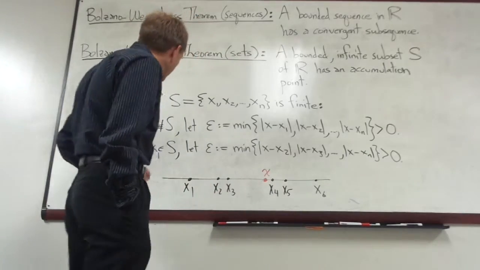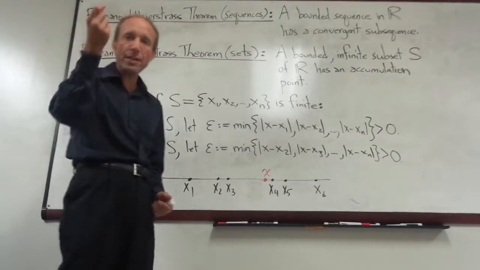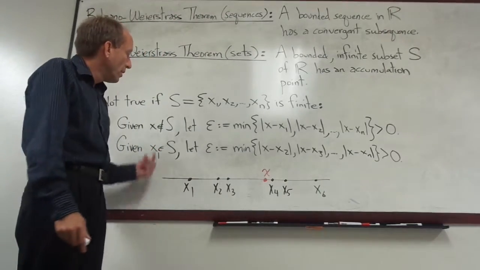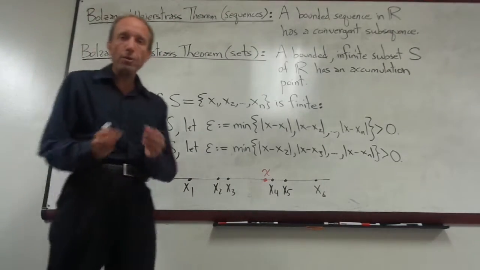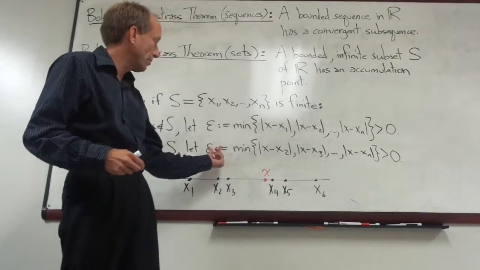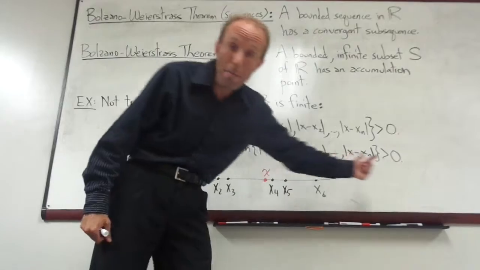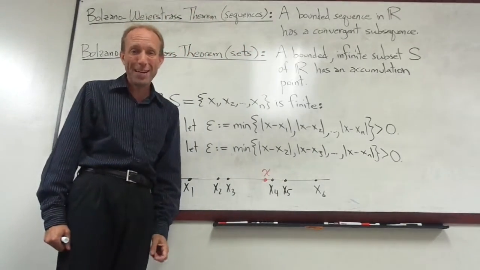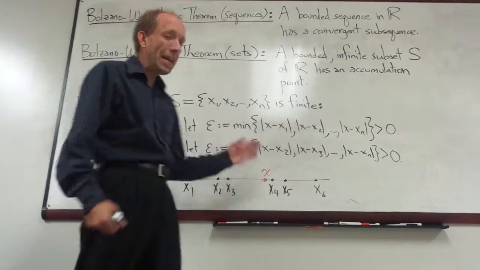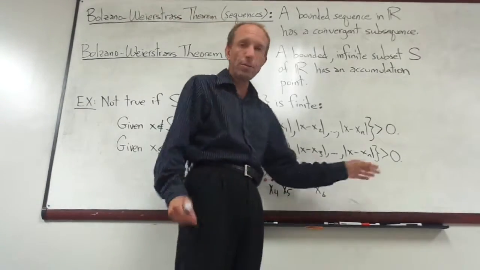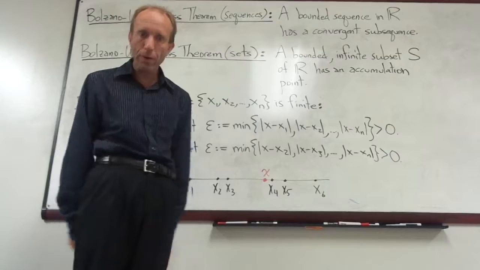All right? On the other hand, let's say that you pick an X that actually is in the set, and let me just call it x1. If you pick x1, then what you can do is you can just do something very similar. You just take the minimum of all of the distances to all of the remaining points of S. Okay? And you build a neighborhood around x1 that has the minimum distance between x1 and all of the other points.